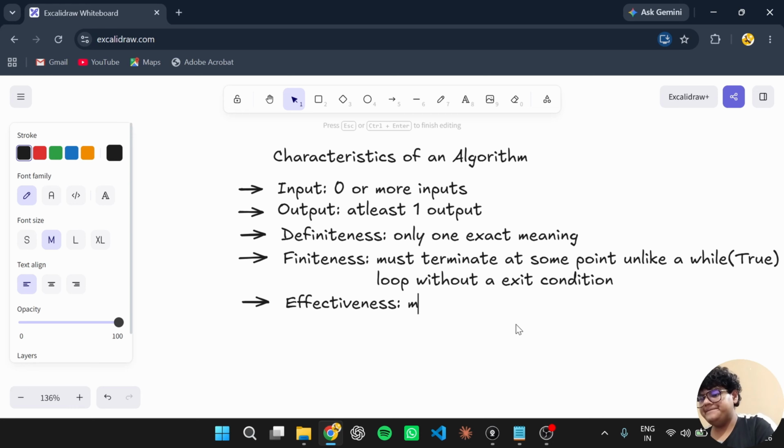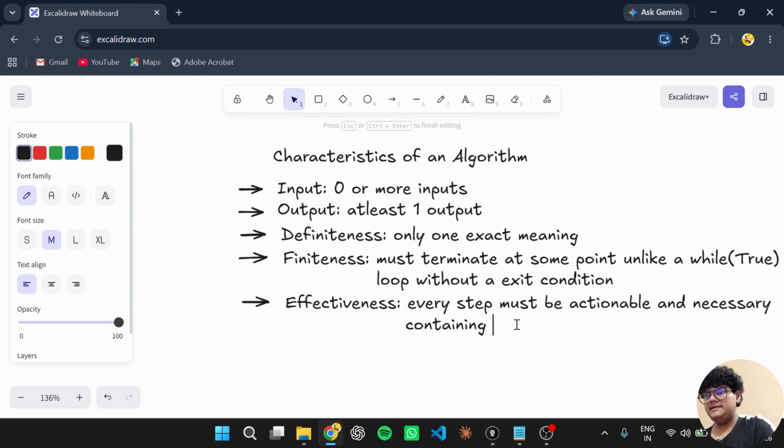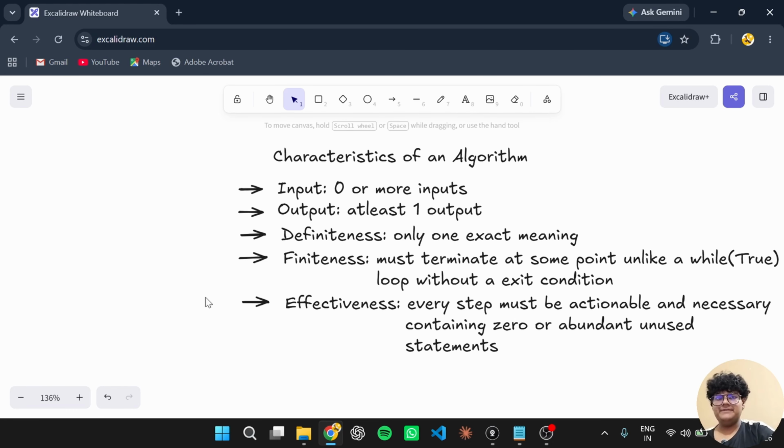So you can write here that every step must be actionable and necessary, containing zero unused statements. These were the characteristics of an algorithm, and every valid algorithm must stick to these 5 characteristics.